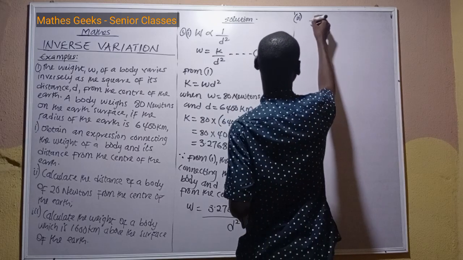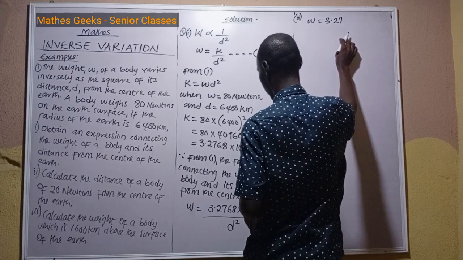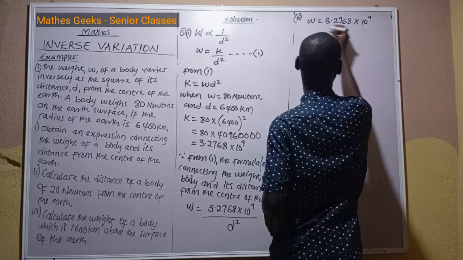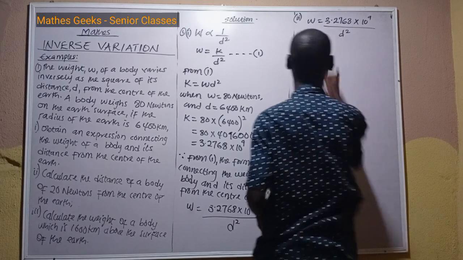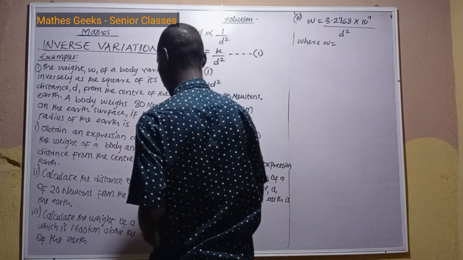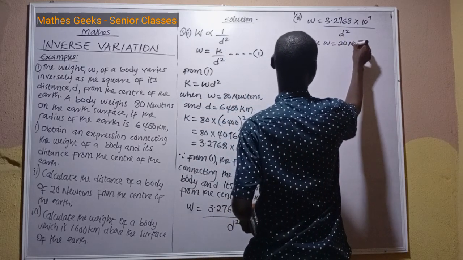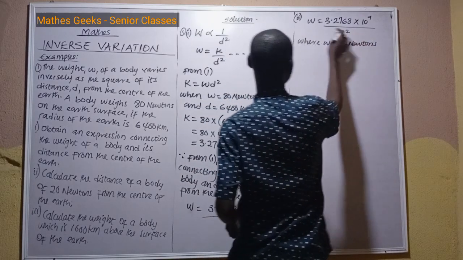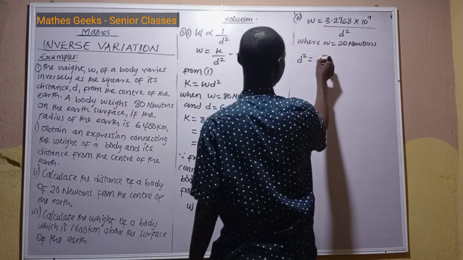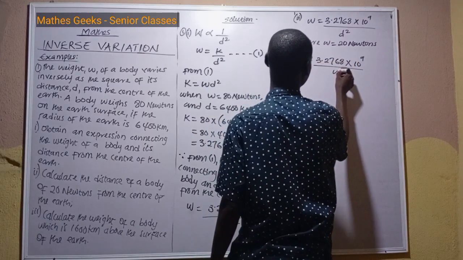Write out the formula again: W is equal to 3.2768 times 10 raised to the power of 9 over d squared, where W is equal to 20 newtons. To get d squared, we make d squared the subject of the formula. So d squared is equal to 3.2768 times 10 raised to the power of 9 over W.